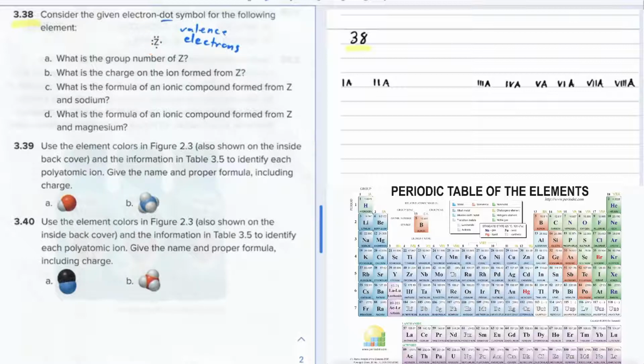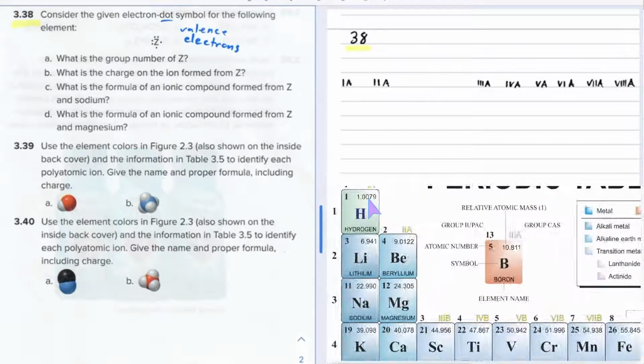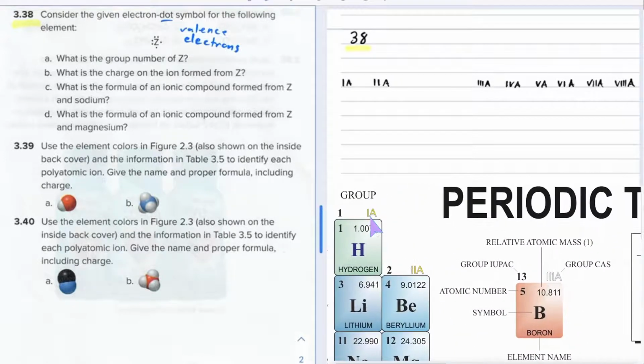If you're looking at the periodic table and you want to write the electron dot symbol for a particular atom, you simply look at its group number. The easiest way to do it would be to look at its group number.